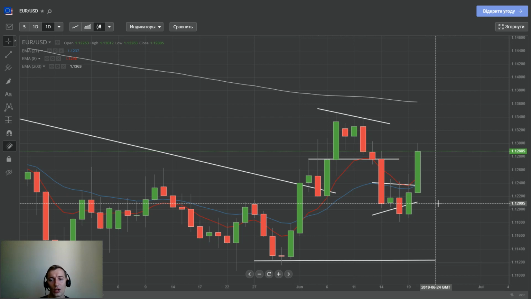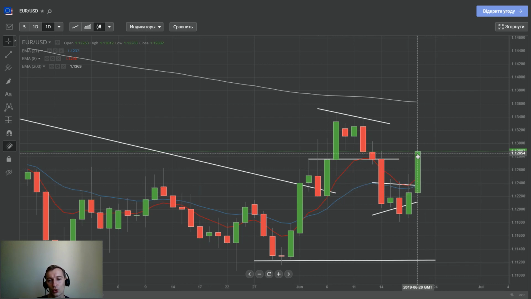So they don't have this monetary tool of lowering rates, but they still have some tools to provide stimulus. That's why we see this nice green candle.